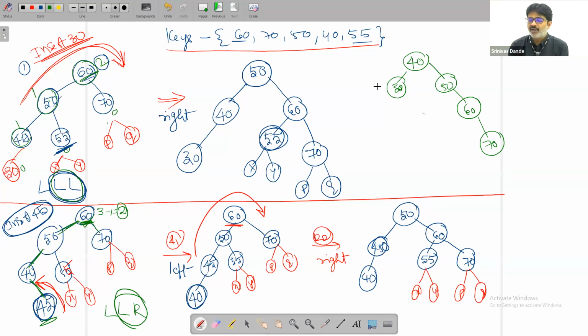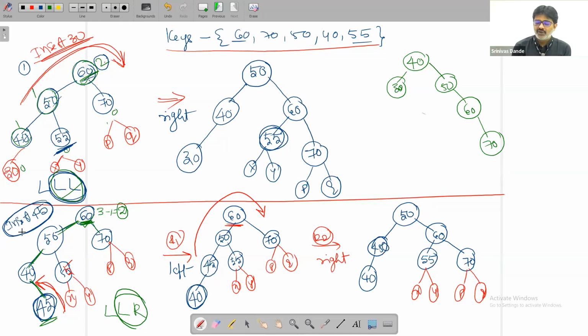Currently, remember when you do LL rotation, what do I have to consider? I have to consider 3 nodes from the unbalanced node, like 60 in this case.